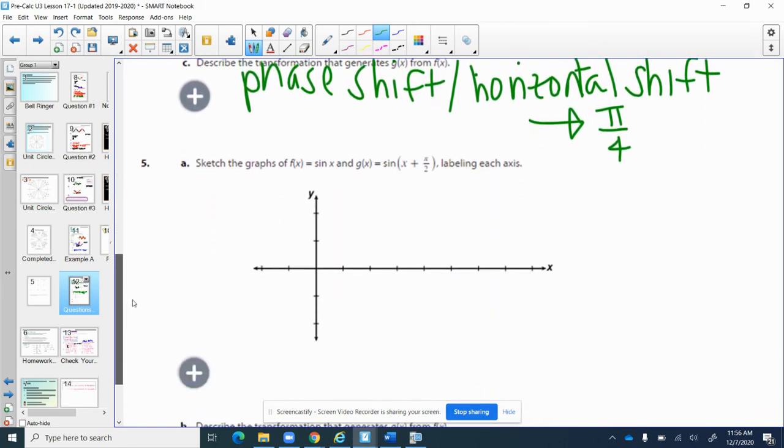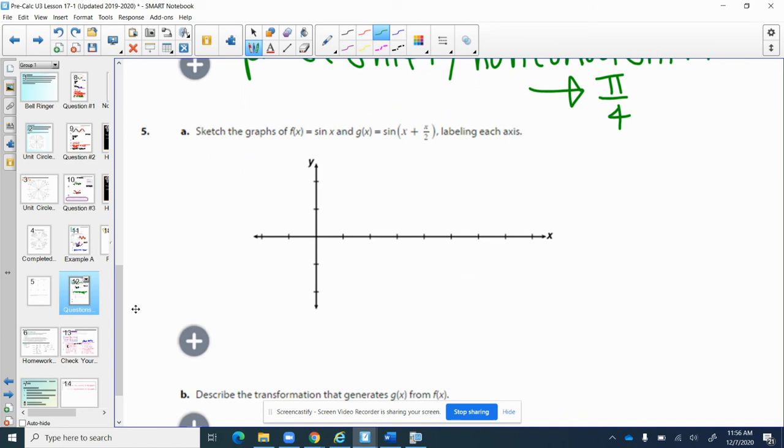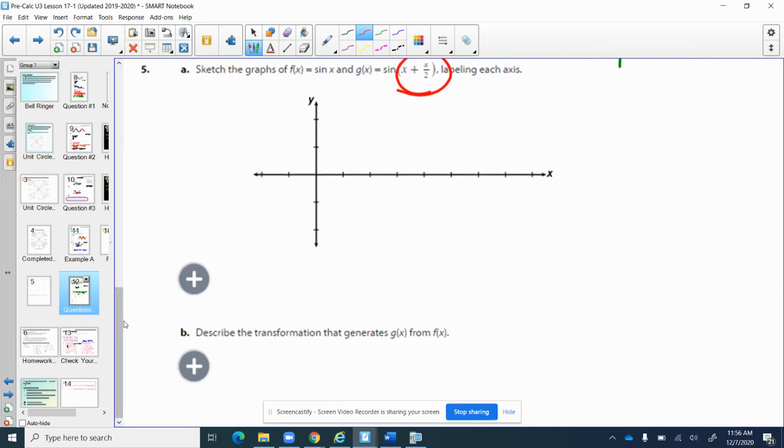All right. Last but not least, using our sine graph, again, we're kind of looking here. What do we predict is going to happen here? Well, this one is going to be a phase shift, aka a horizontal shift. Call them phase shifts in periodic functions. We're moving to the left pi over 2 units.